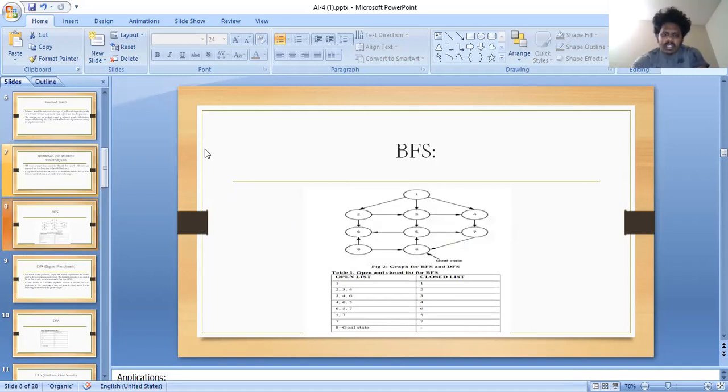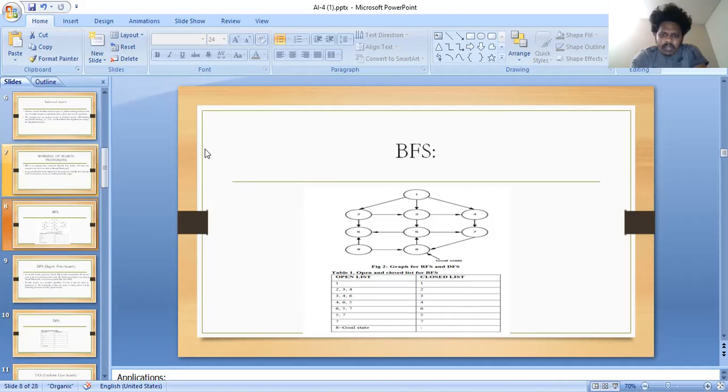This diagram shows an open list and a closed list. In this tree diagram, the open list and closed list start the same, and the second path is 2 and 3, then 4.